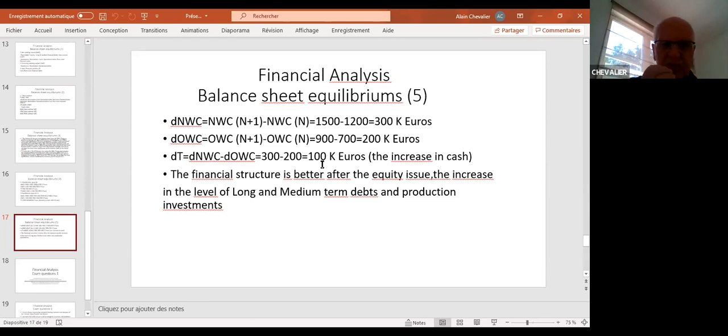It means you have measures in N, measures in N+1, but also you can find the value of the modifications in the three equilibriums. And you have a conclusion I just mentioned a few seconds ago. That's what I wanted to show. I will come back later on the ratios.